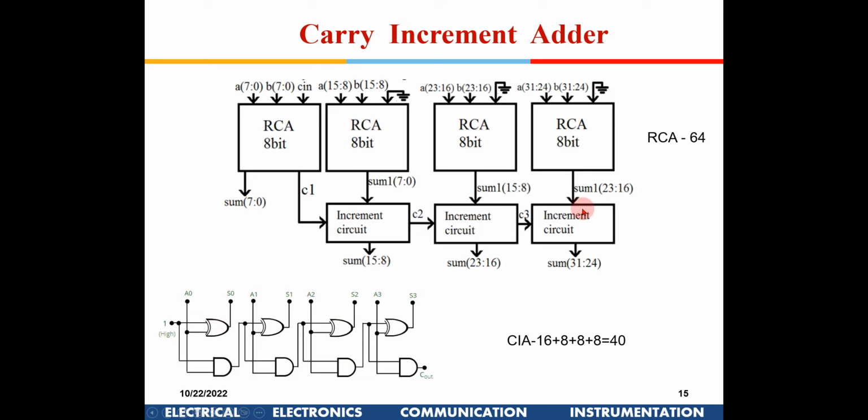So that is what we required here, right? If it is 0, this has to come out as it is, and that will happen here. But if it is 1 here, then this is an XOR gate, so the first bit it is going to invert. And if there is a carry, again you have an AND gate here, and if this is 1 and this is also 1, then you will have a 1 here, and that will invert this, right?